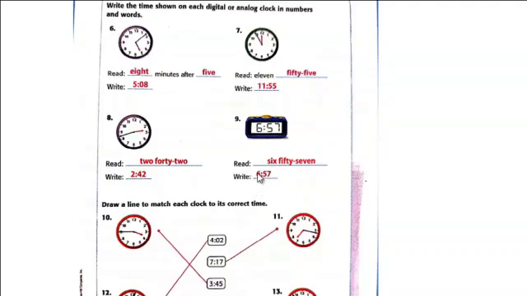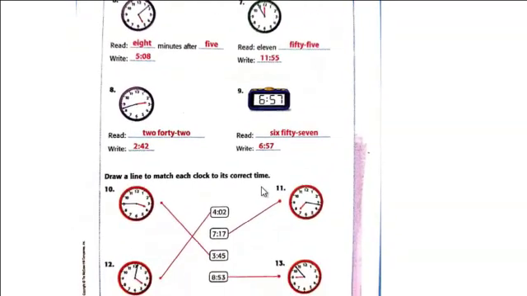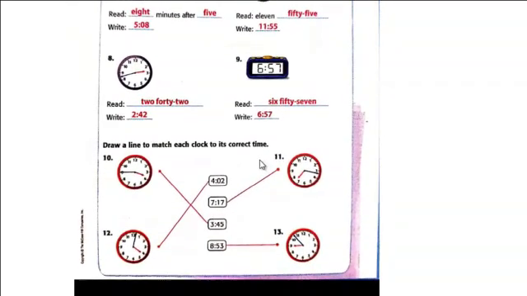On the left side you will write the hour 6. On the right side you will write the minutes 57. Okay, solve number 7 and 8 in the same way by yourself.